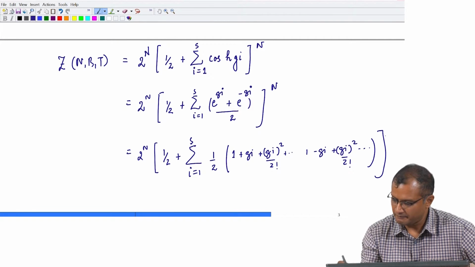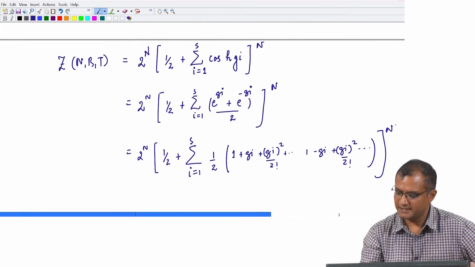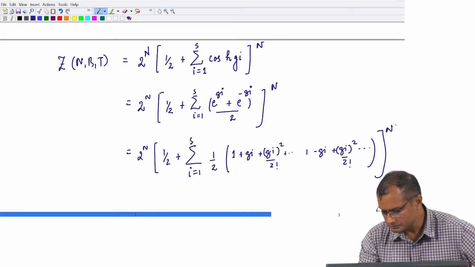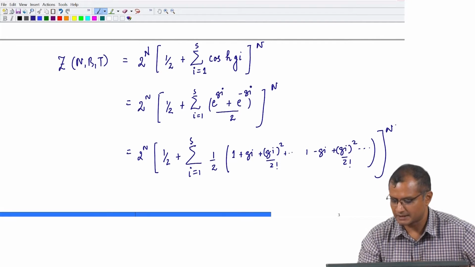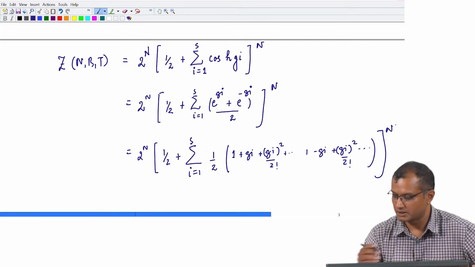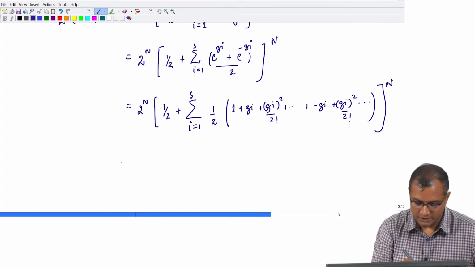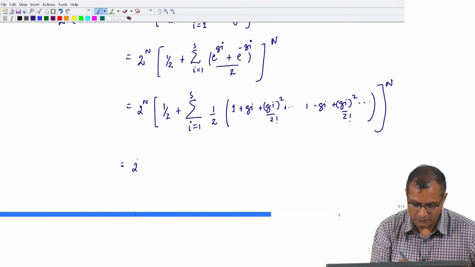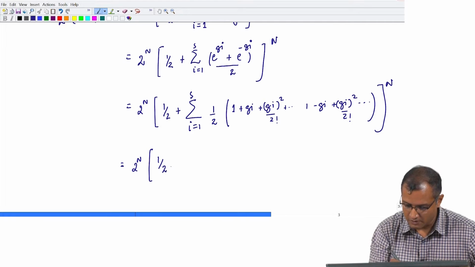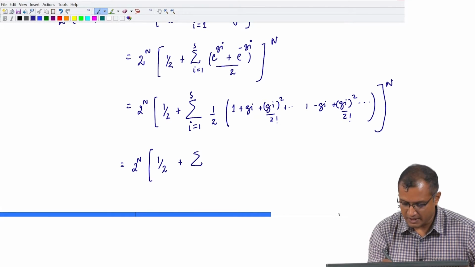Okay. So, I can easily see that all the odd terms will cancel and the even terms will add up. So, if I do not add terms beyond order G4, then I get this.